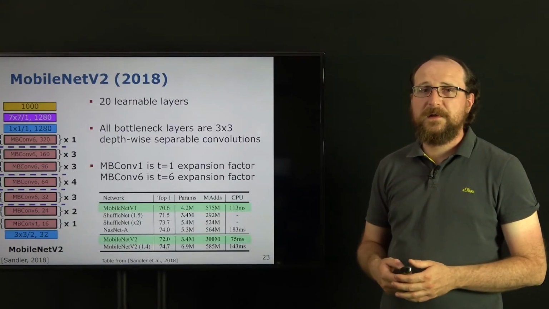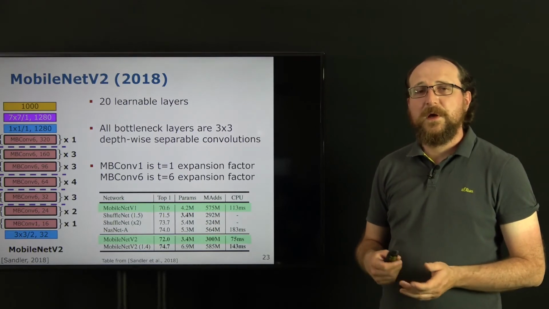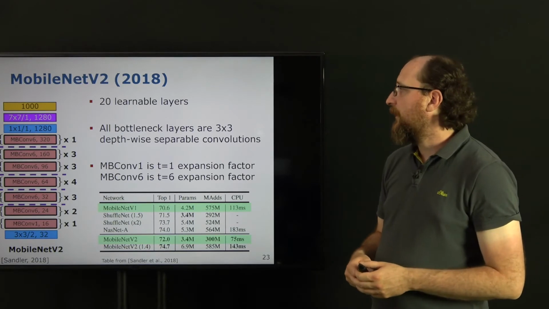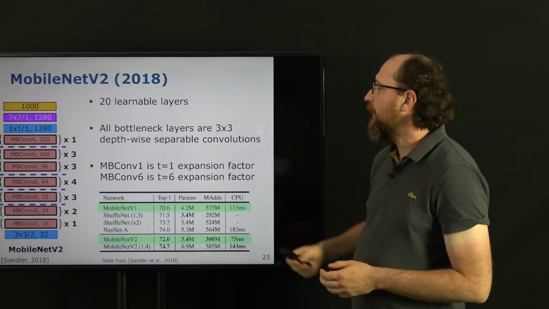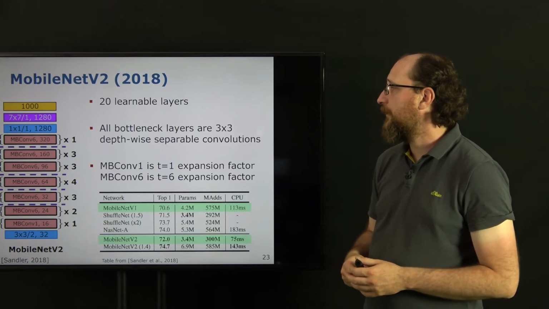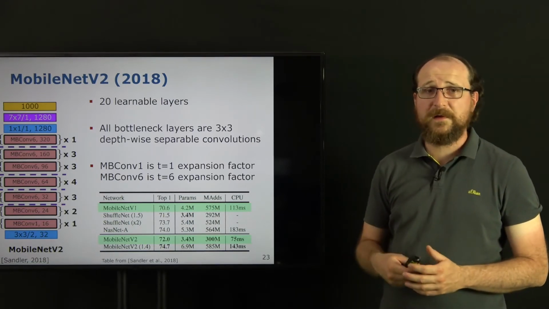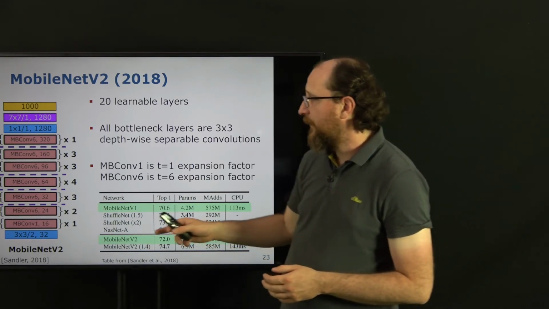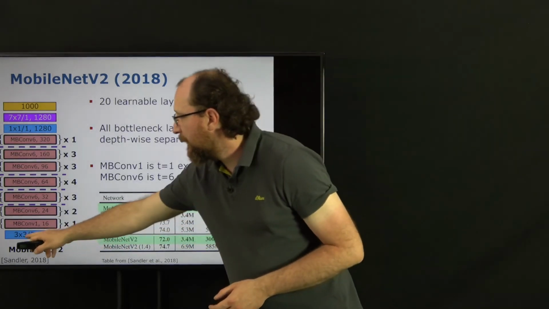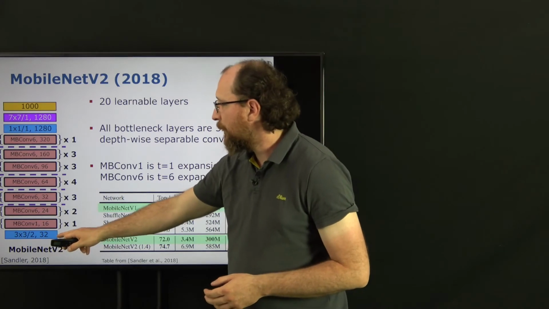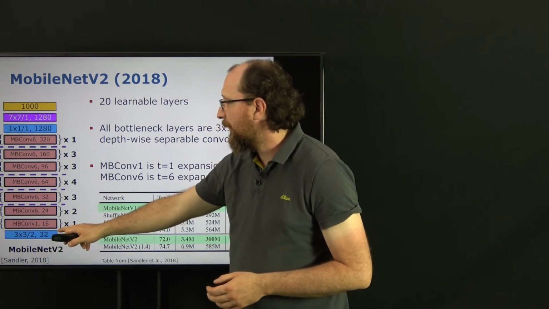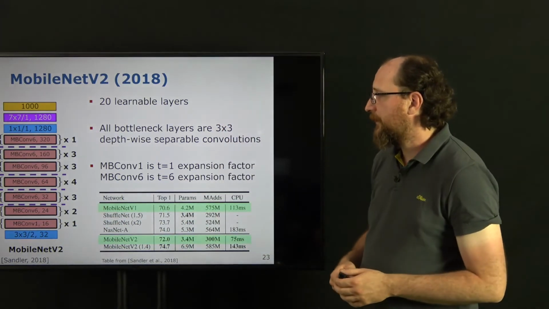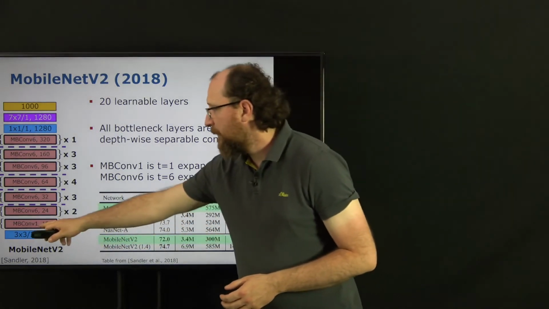And with this, we are then at MobileNet version 2, which had 20 learnable layers and had the bottlenecks. And the bottlenecks in this case used everywhere 3x3 depth-wise separable convolutions from the MobileNet architecture. As you can see here, we have in the beginning the 3x3 convolutions with stride 2, which reduces the feature map size. Then we have our inverted bottlenecks here with an expansion rate of 1.